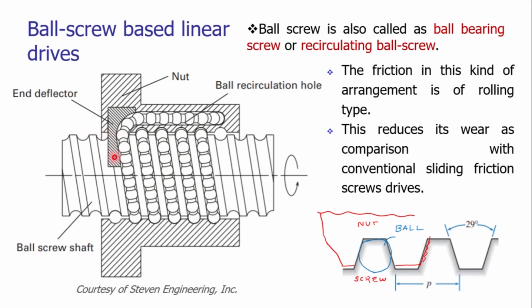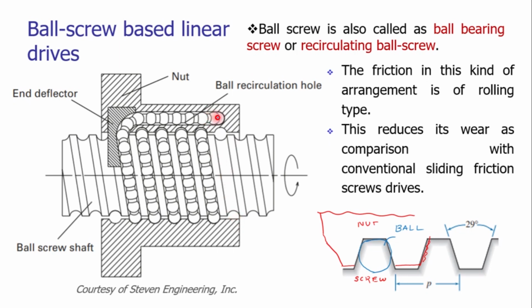So here we are using an end deflector, a mechanical arrangement which will deflect the rolling balls through a channel, and that channel may be provided inside the nut or it may be outside the nut by using another tube. So this channel will be taking these rolling balls and directing them to the engagement at the start point of the screw and nut arrangement.